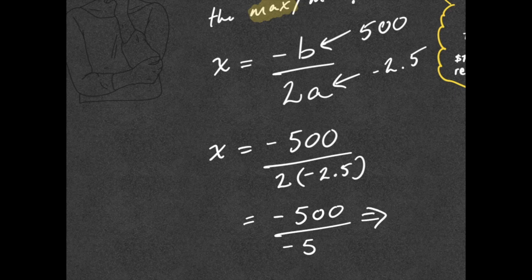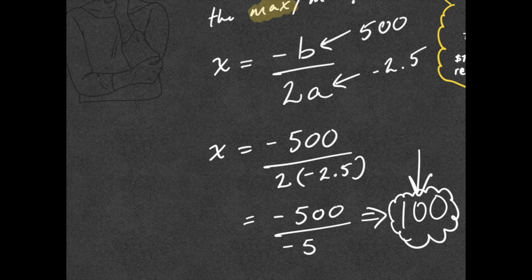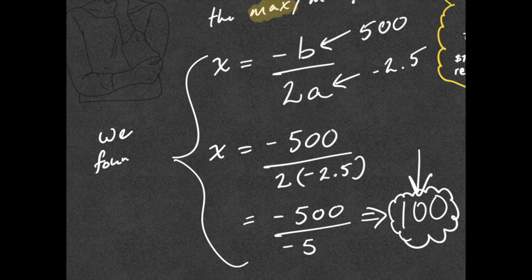And when you divide a negative and a negative, you'll get a positive. So what we got here was 100. Remember, 100 is my axis of symmetry, so x is equal to 100. That's the same 100 that we got earlier, but we were only able to get it much quicker now, like in 2 steps.